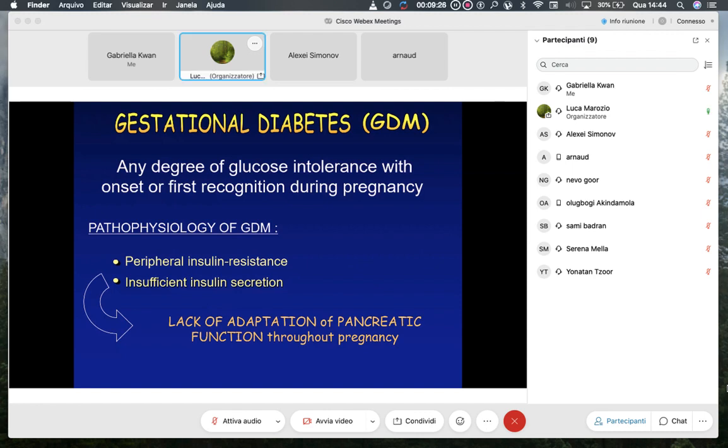If you only do a test in the morning, checking the fasting glucose levels, almost always you can't diagnose diabetes because they are low, even in case of gestational diabetes.